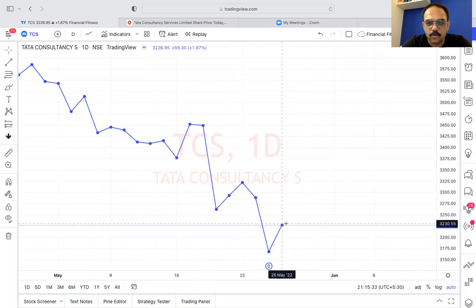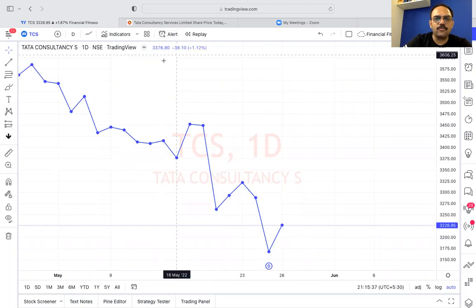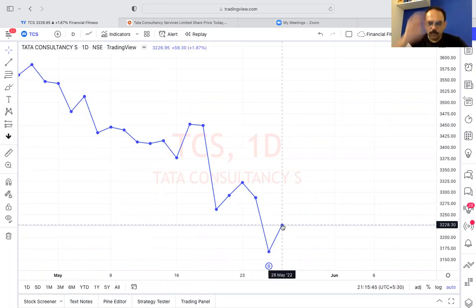When I'm keeping the mouse here, look at the values here. Whenever I'm keeping my mouse on the dot, the most accurate value will come here. Don't look on the right side. Just below my mouse there is a date, which is 26th of May, and on the top the value written is 3226.95.